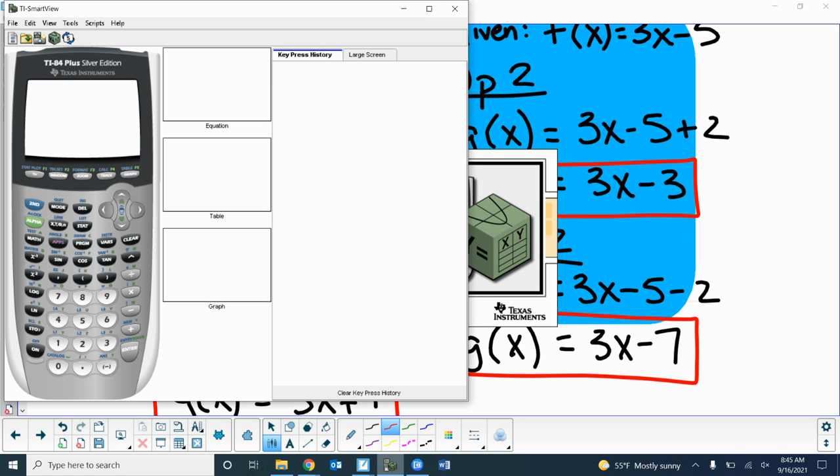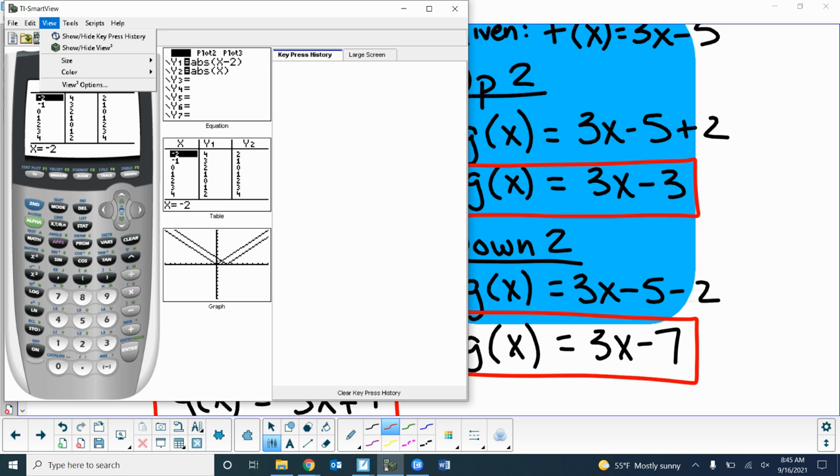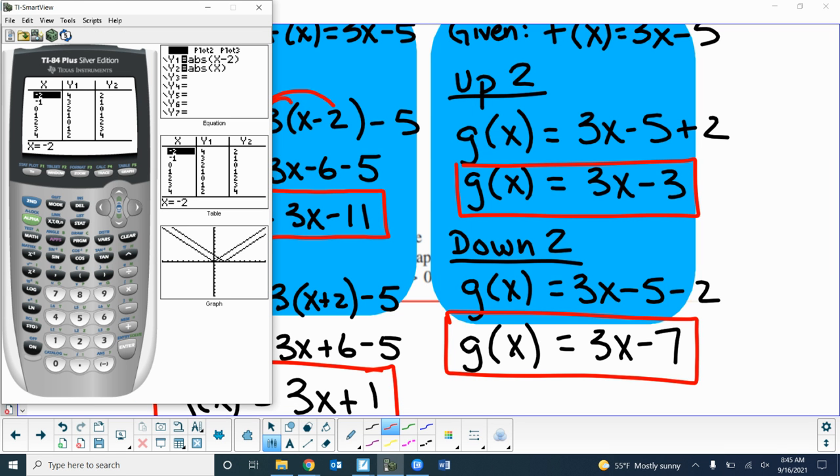We can use our technology to check if you want. Okay, so I go to my y equals to do a graph, right? My original is 3x minus 5, so that's all I hit. So the first one, we were moving it right 2, weren't we? If I put 3x minus 11, let's see what it looks like when I graph them.